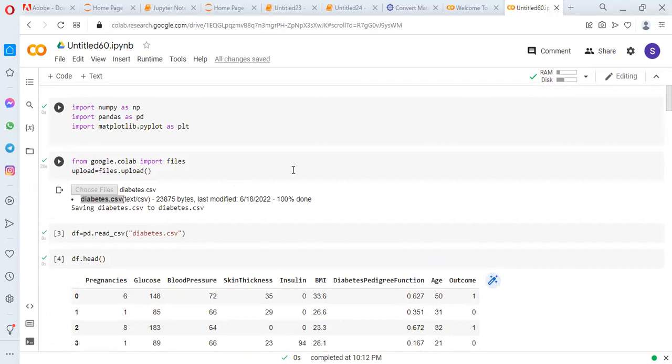Is that data set in your local PC, or did you get it from the internet? Yeah, I got it from the internet. Okay. There are lots of data sets available on Kaggle. You can also download from Kaggle and build a model. Okay, sir.